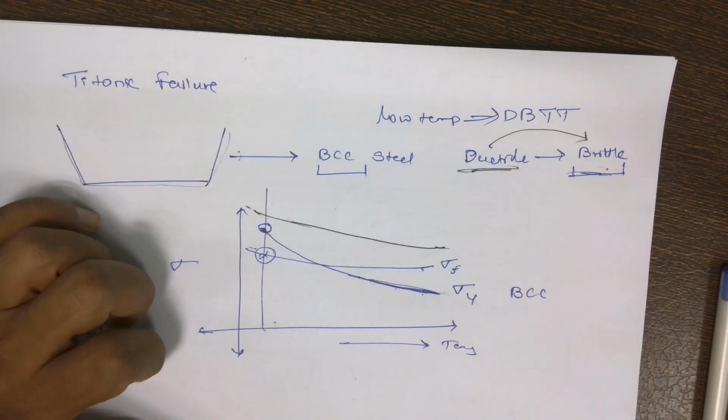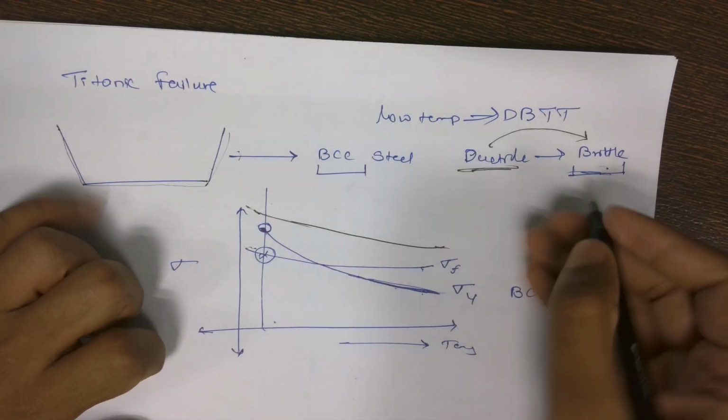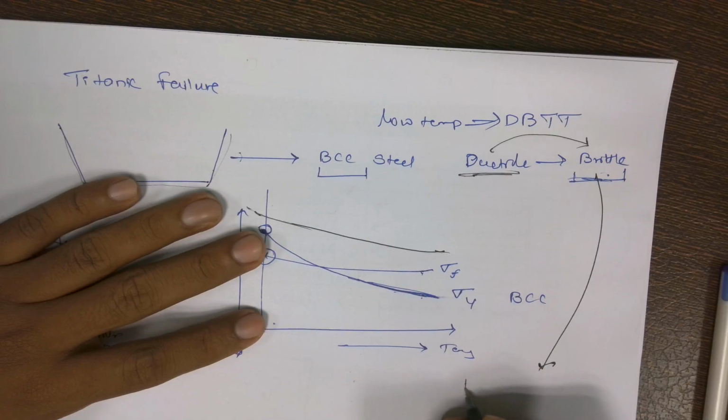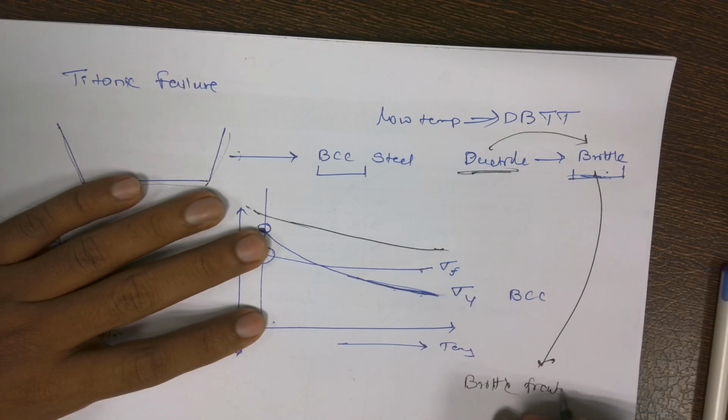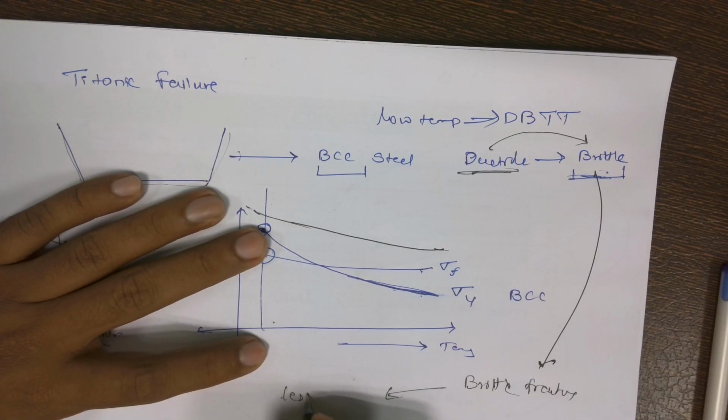Once it hit the iceberg, it fractured. It shows the Griffith criteria. It fractured showing brittle fracture. Brittle fracture means that less energy is absorbed.